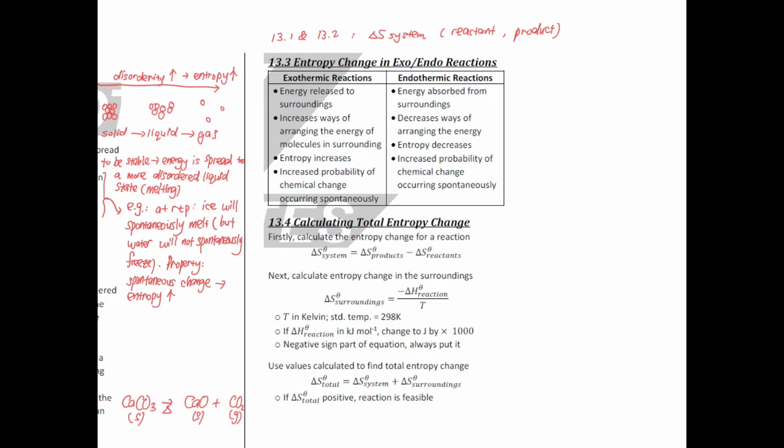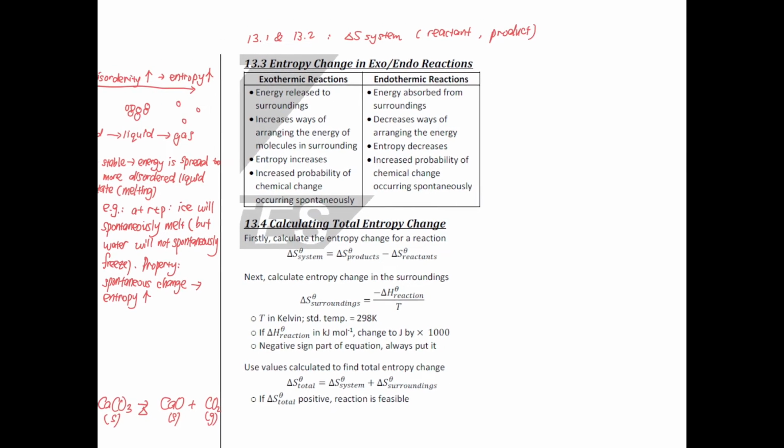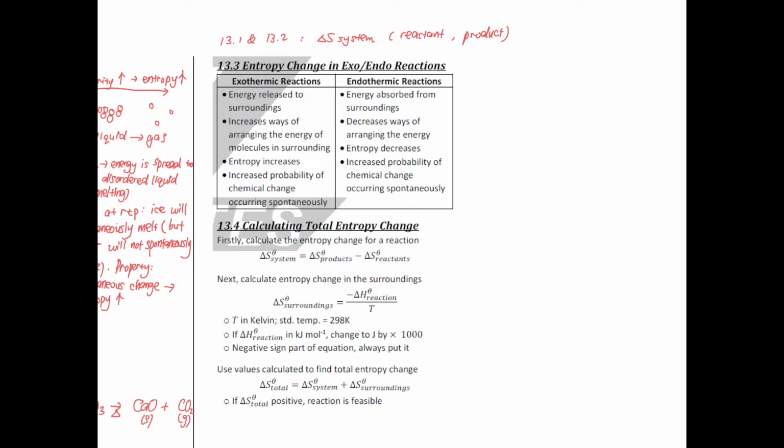Now when we come to 13.3, before we start, let's see the difference first. 13.3 is about the delta S of the surrounding.